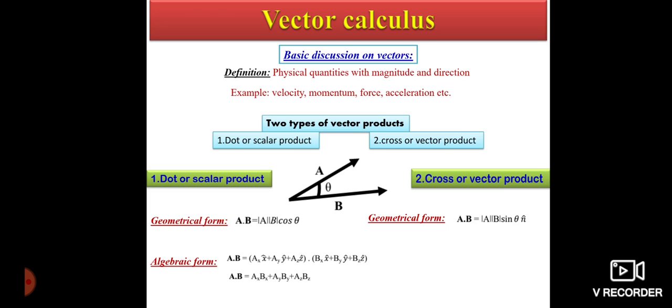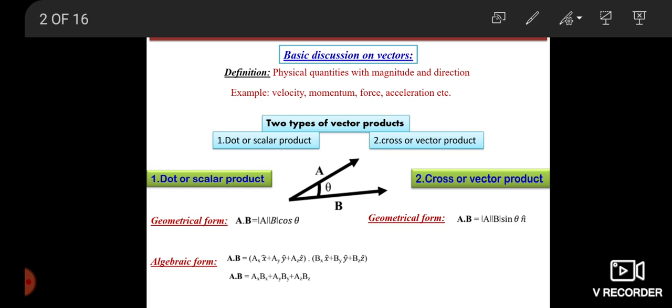What is n cap? n cap is the unit normal to the area spanned by A vector and B vector. If we complete a parallelogram with A vector and B vector, then the area is this shaded region, and n cap is the unit normal vector perpendicular to the area spanned by A vector and B vector.